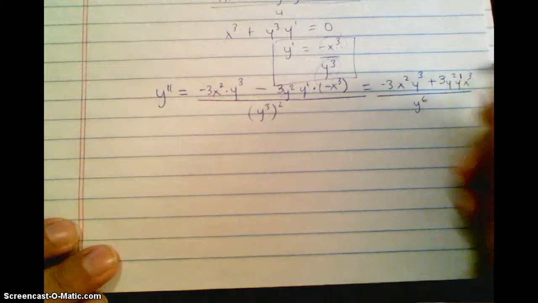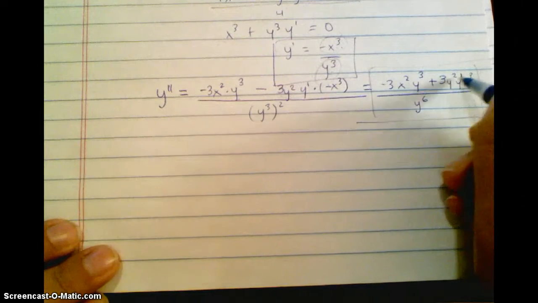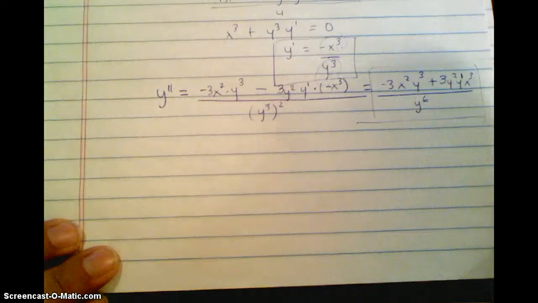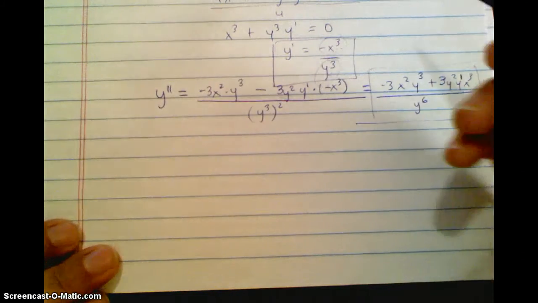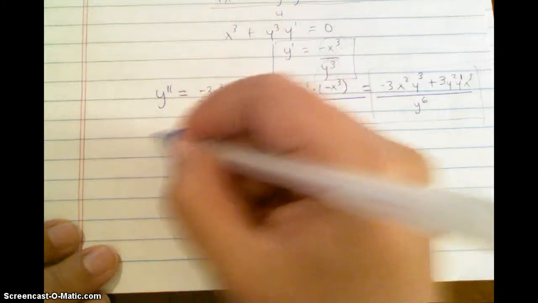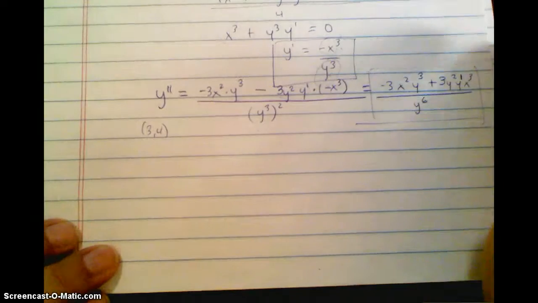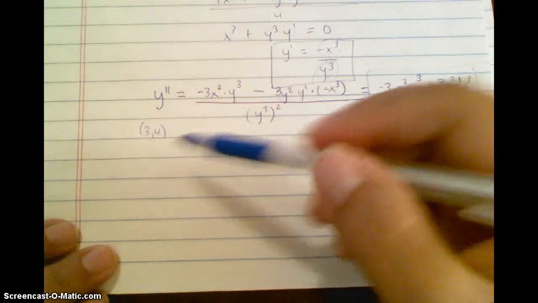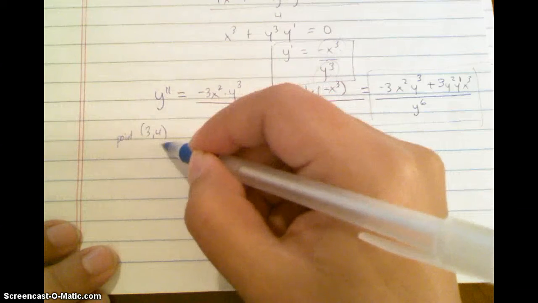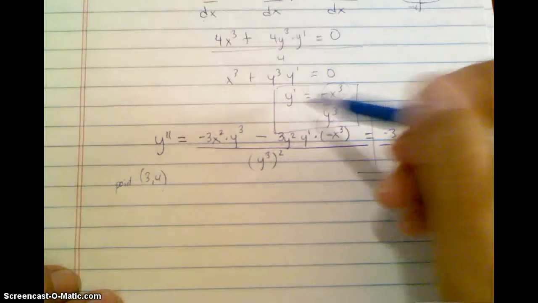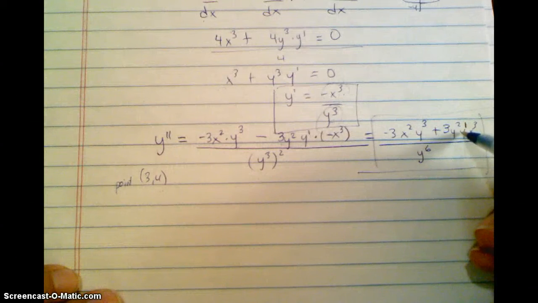Now, this is mathematically correct, and depending on the kind of problem you're facing, if you have to find the second derivative at the point, I don't know, 3, 4, this is an example, this is not part of the problem in the book, you will have to find the first derivative at that point, because that's the information that you need.